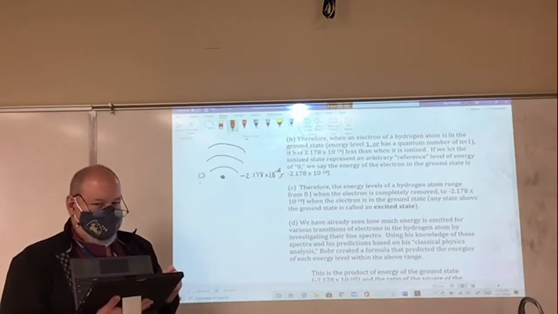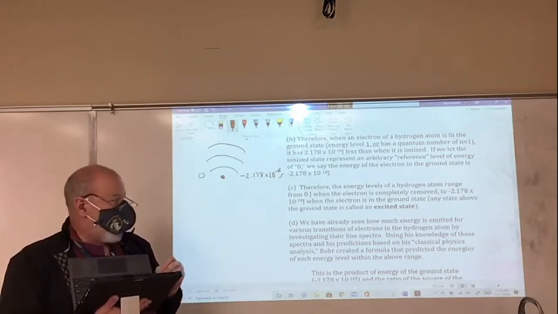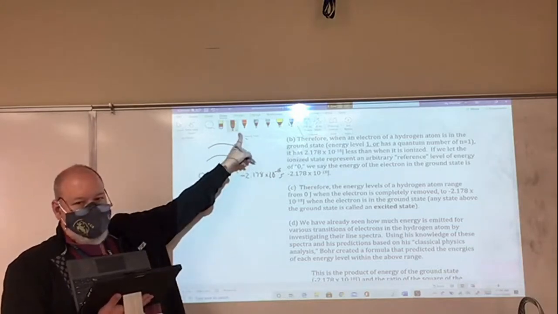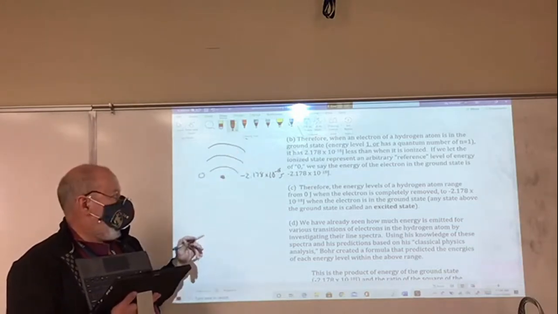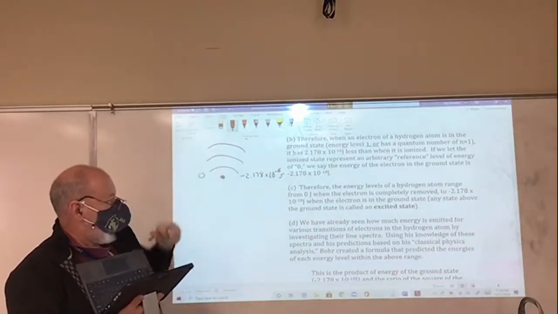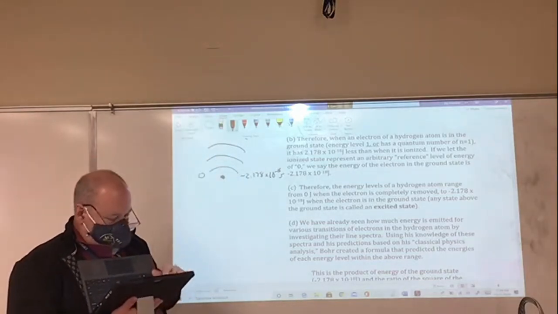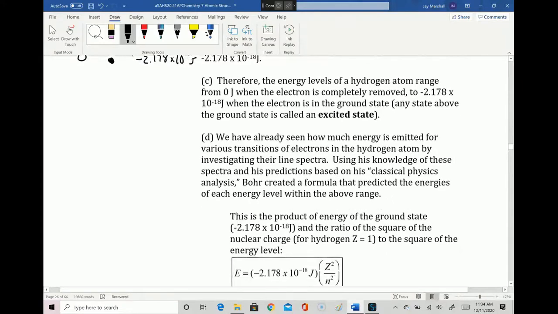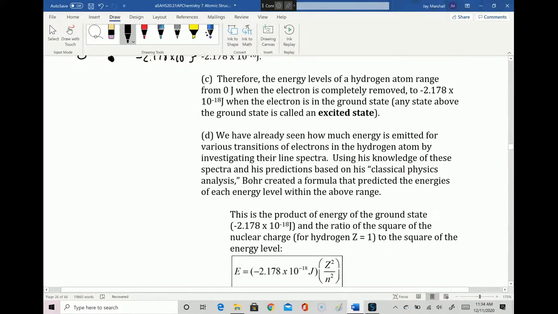Maybe set this to 0 and increase the numbers positively as you go away. They didn't do that though. They set this number out here as 0 and these as negative, even though that doesn't necessarily make sense. And there are reasons for it that you would probably learn about if you took higher level physics in college.